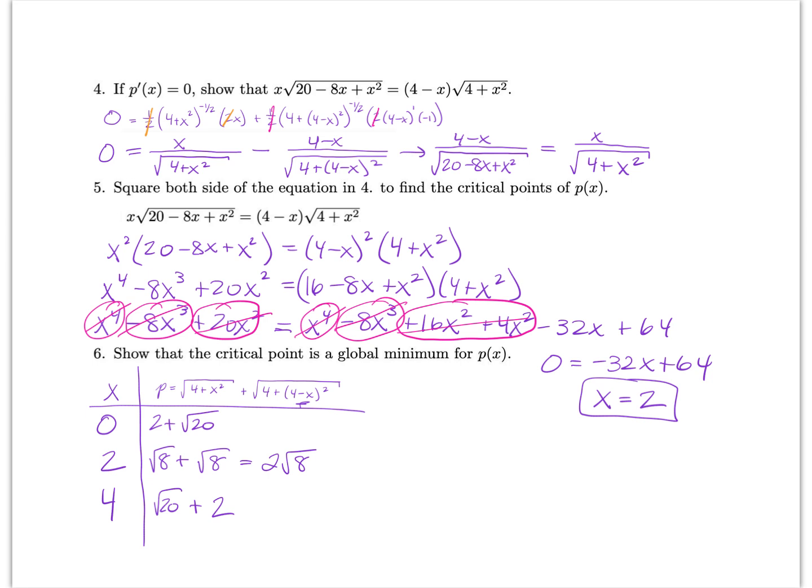Okay, these are hard to compare without a decimal, so I'm just going to plug these into my calculator. I get about 5.65 for the length of the pipeline if x is 2. And then square root 20 plus 2 is about 6.47.